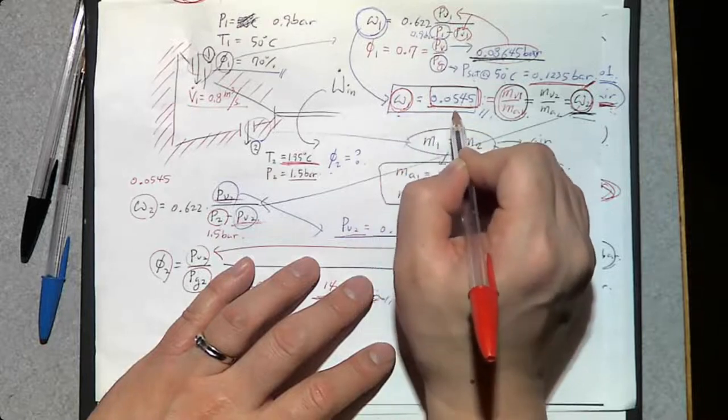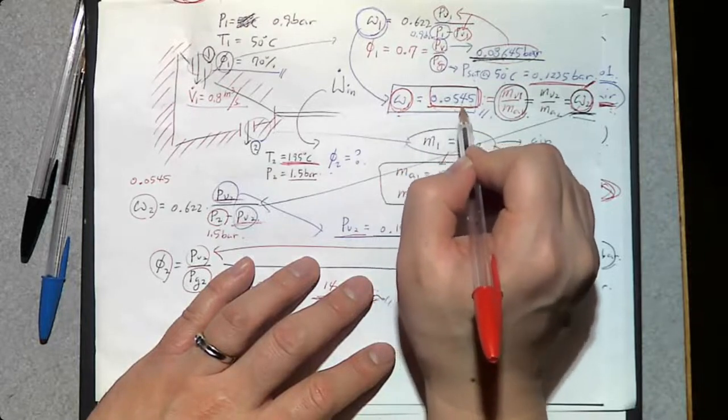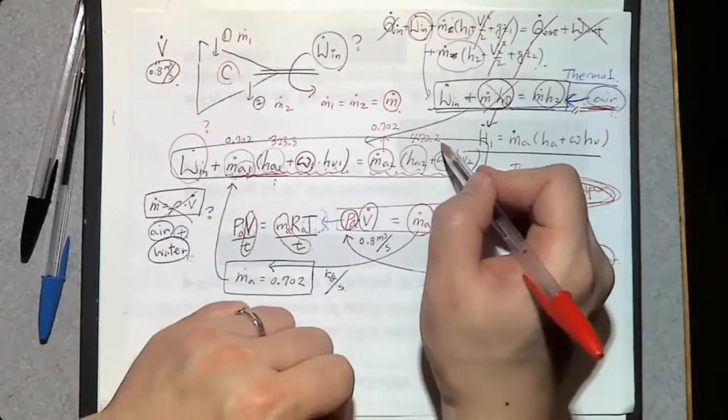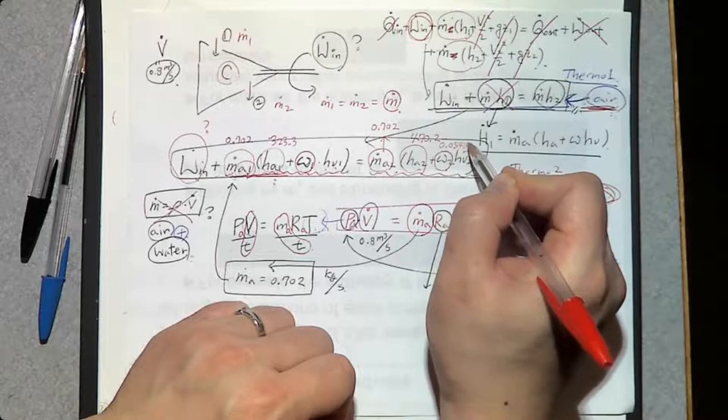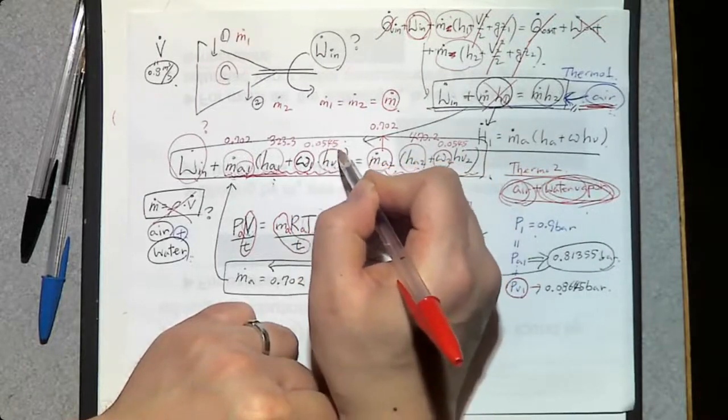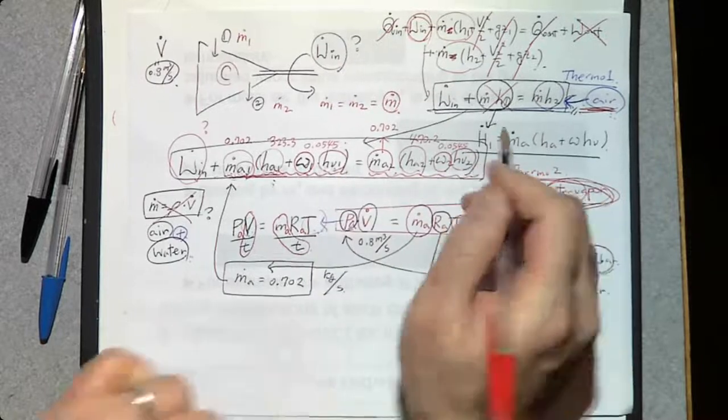So we can use the same value, 0.0545. What about HV1, HV2?